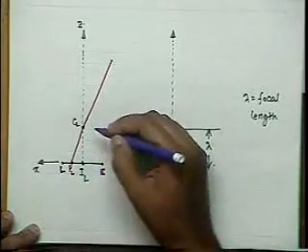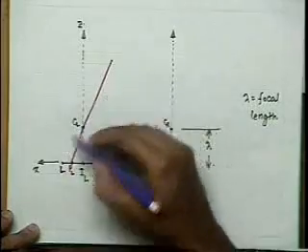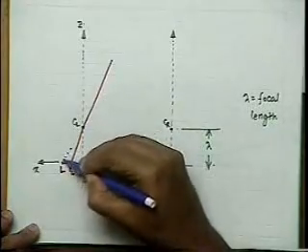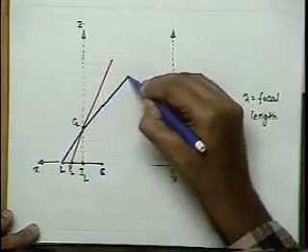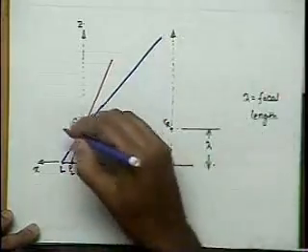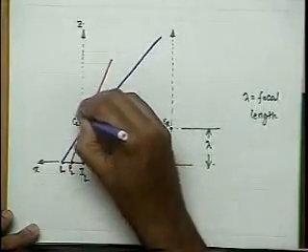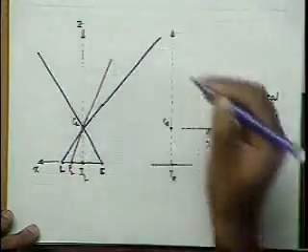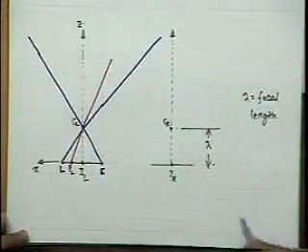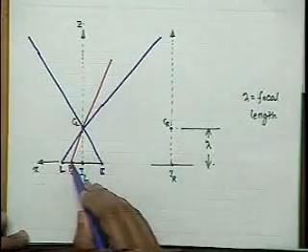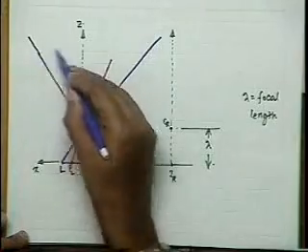If I now extend L with CL, and extend E with CL, then one thing I can say is that this point PL is going to lie over this region.